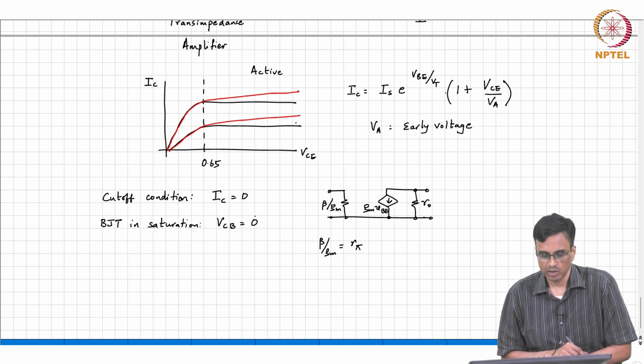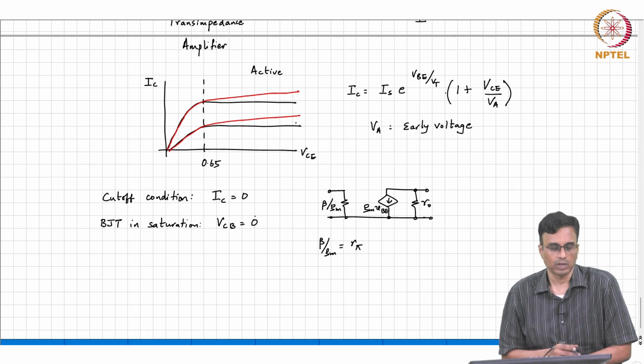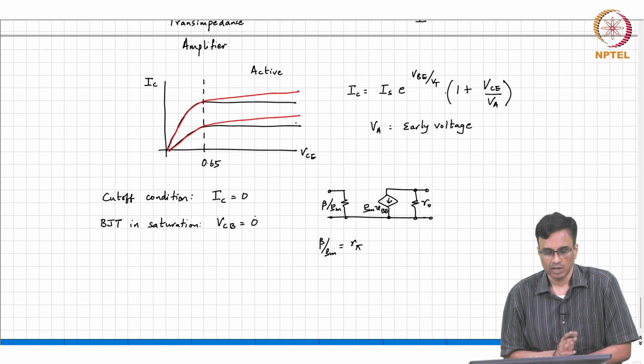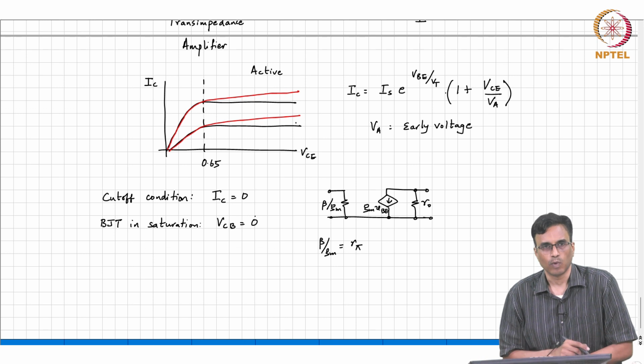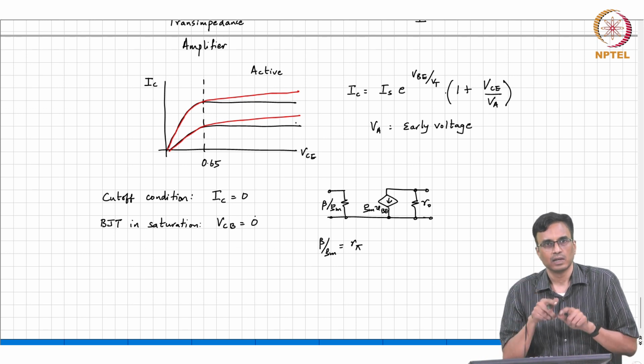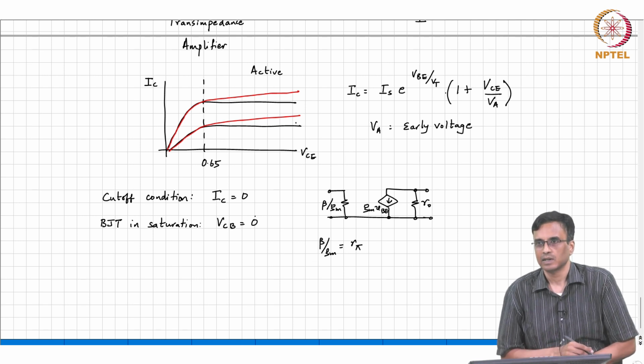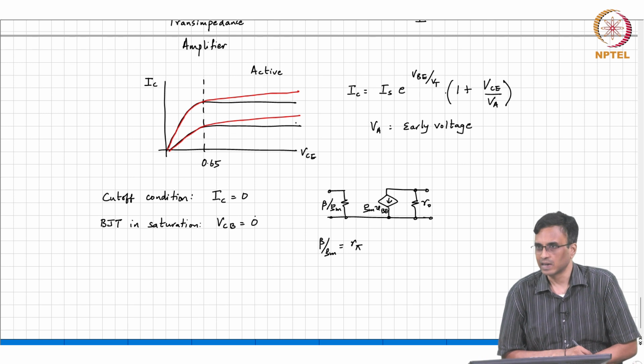To figure out the condition when the transistor goes into saturation, you set VCB to 0, that is, find for what value of input amplitude the collector will become equal to the base potential, and that will give you one limit. So, for each transistor you will have one limit, and if you have 100 transistors you will have 100 limits. You have to find the minimum of all the minima that you have found.